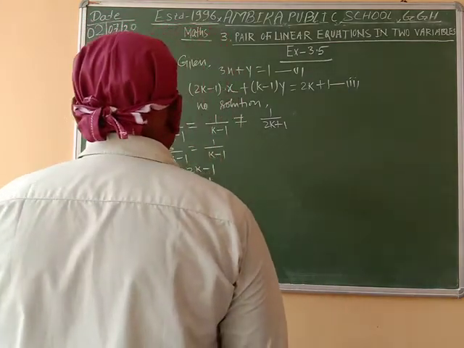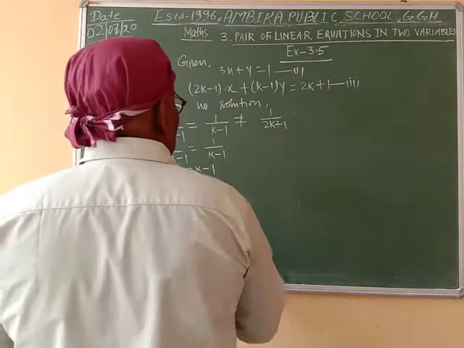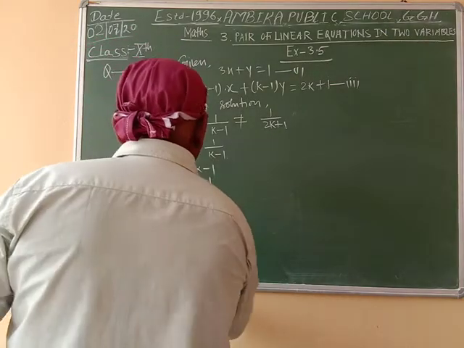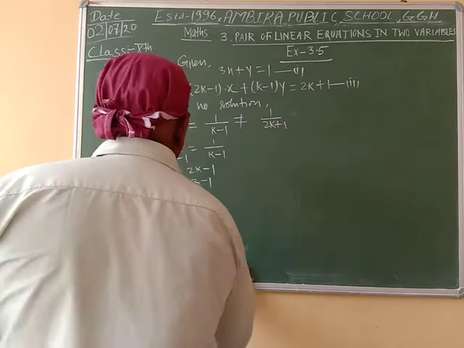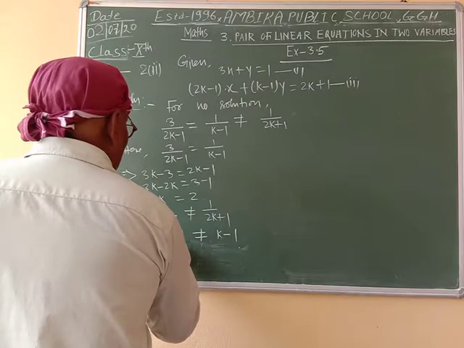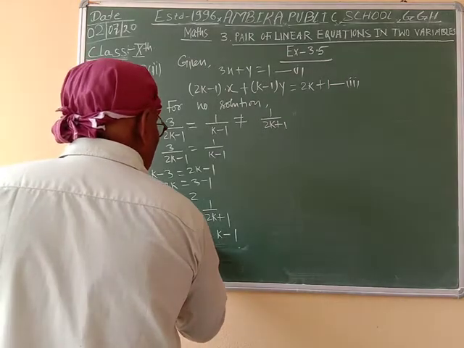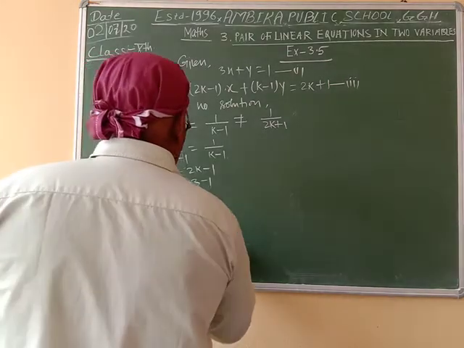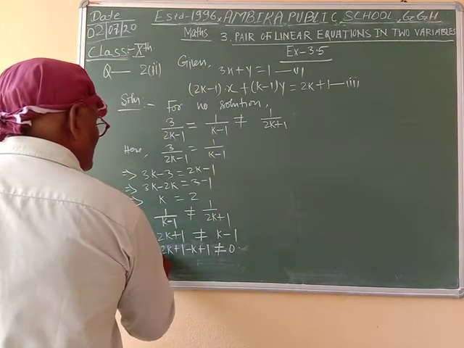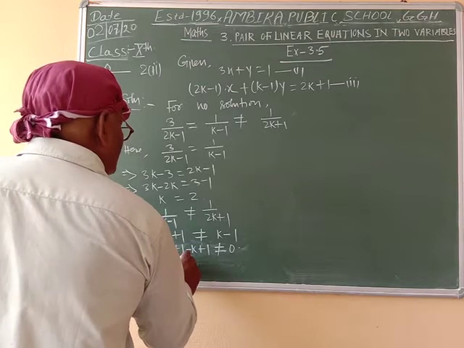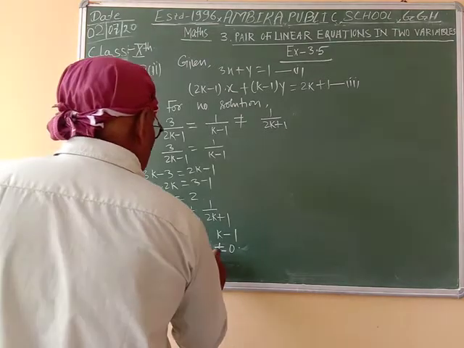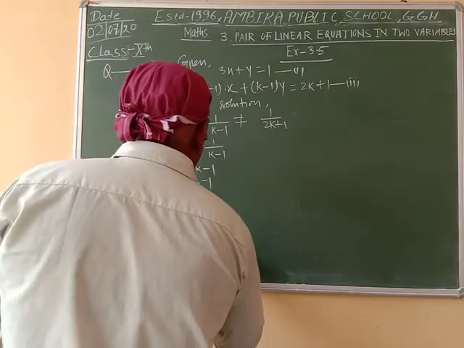1 by k minus 1 is not equal to 1 by 2k plus 1, so 2k plus 1 minus k plus 1 is not equal to 0. k plus 2 is not equal to 0.